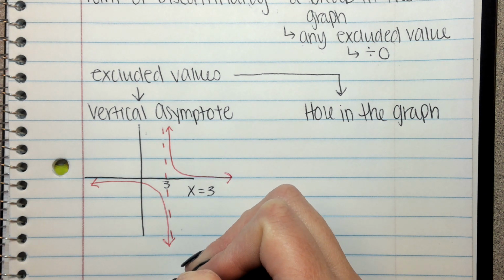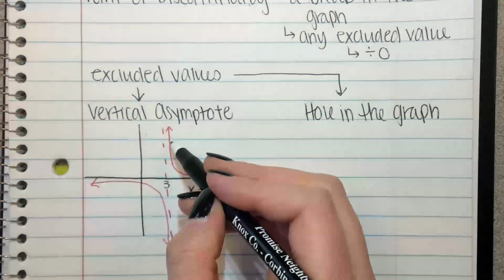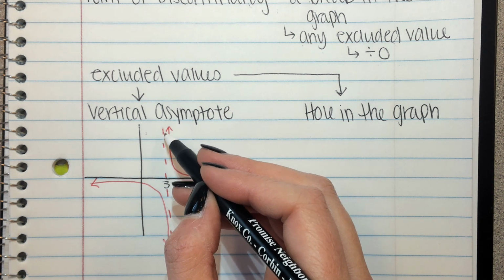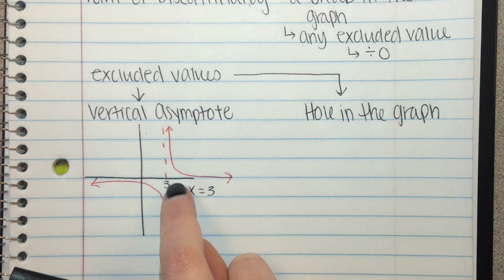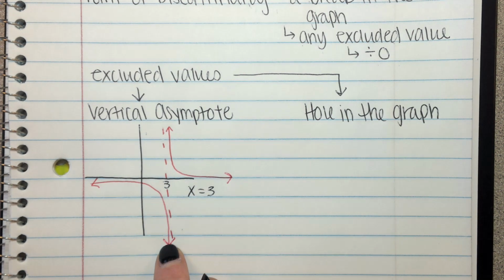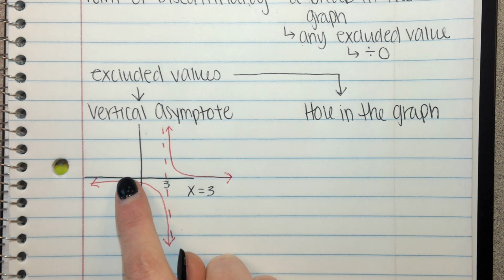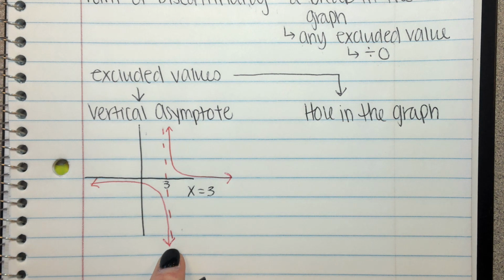Now, when you're looking at a graph or you're doing a sketch, sometimes it might look like the lines touch just because you can get so close. Like you can go to 2.9999999. You're just not going to get to 3. So they get extremely close to this vertical line, but they don't touch it.